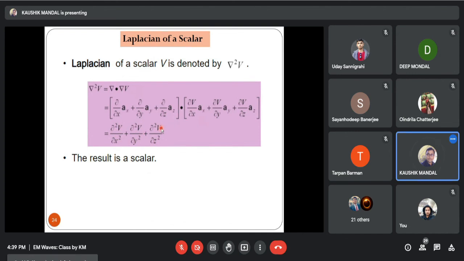So the Laplacian operator is also important to find the potentials due to the electric fields.